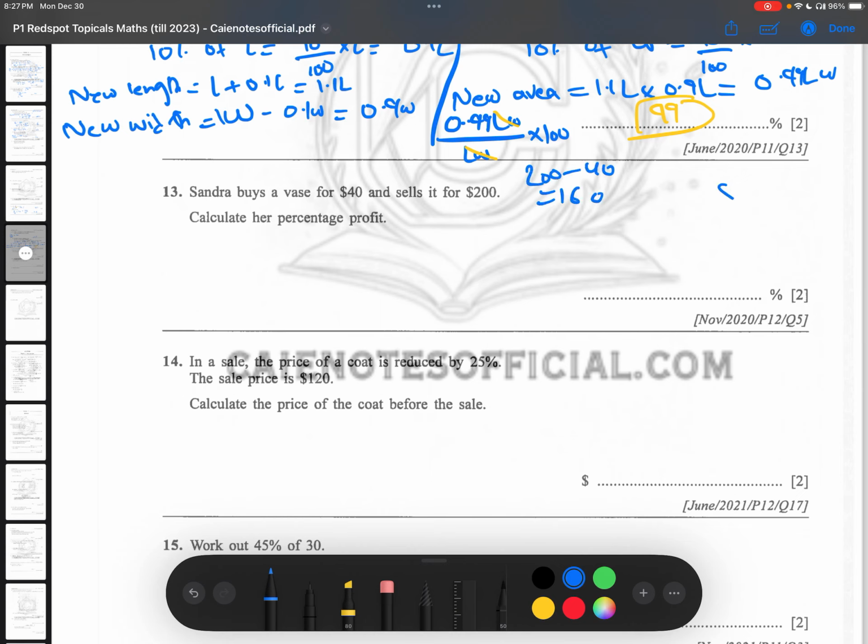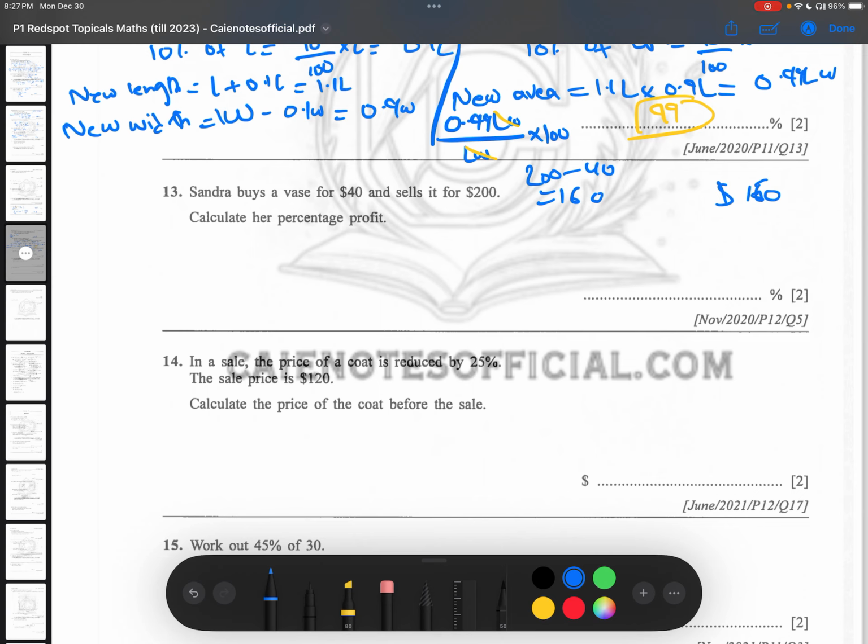You need to calculate the percentage of this profit. If you do this mentally, you can see it like this. She bought it for $40. The profit is now $160. It means she has got four times more than her investment. So she made kind of like 400% profit.